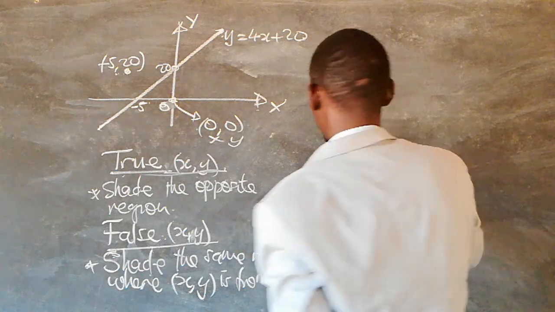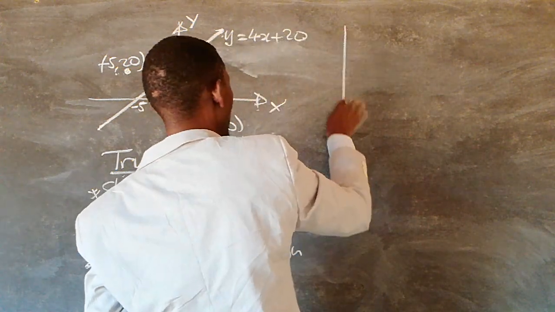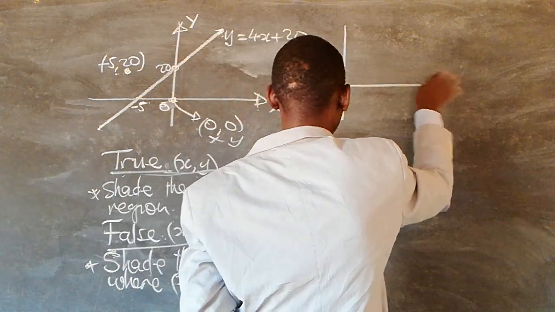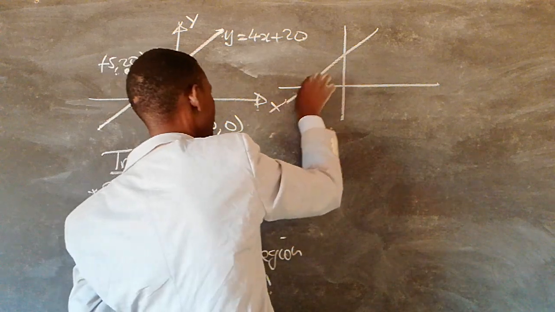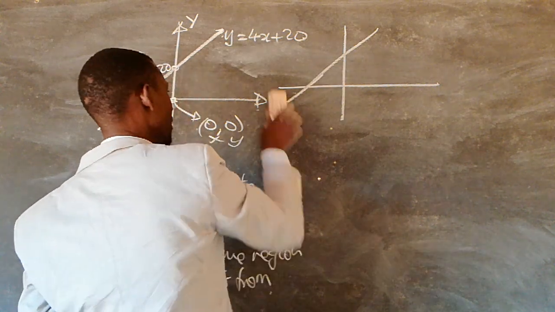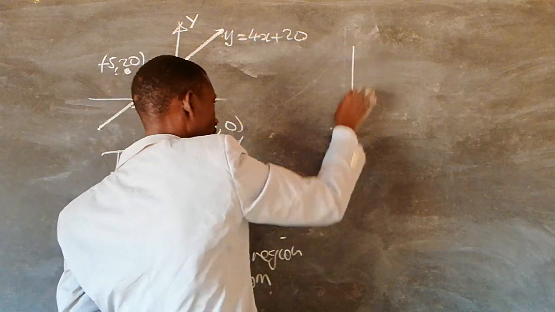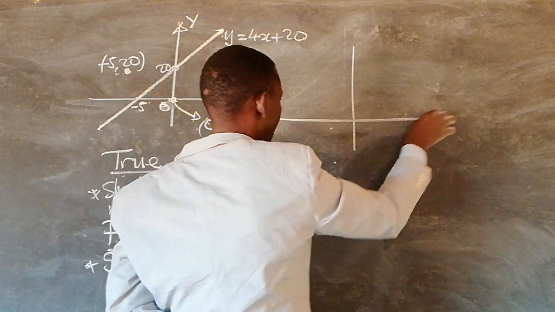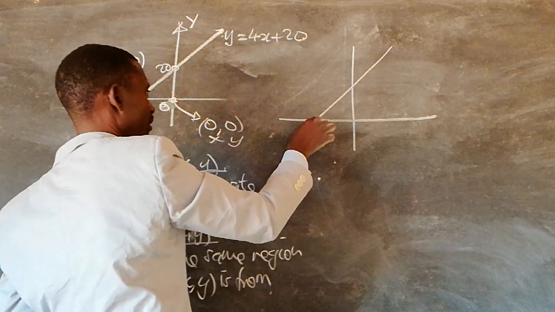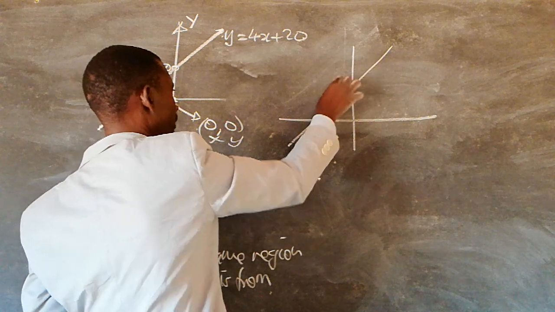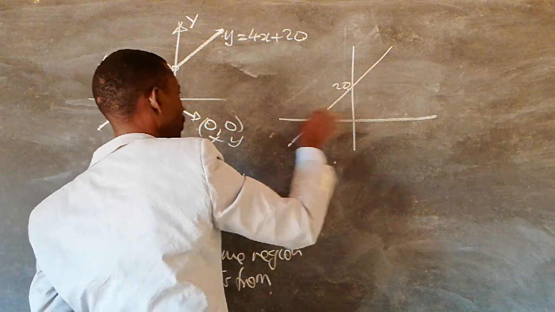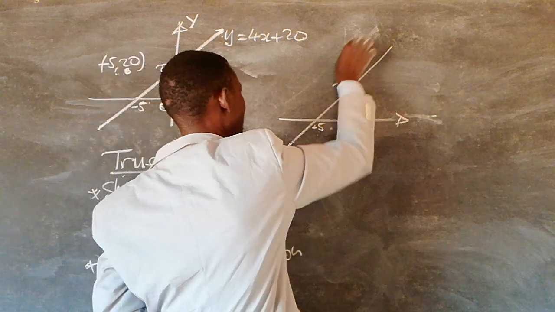So let me put it this way. By drawing the same diagram, but this time around, this is -5 and this is 20. I am going to shade the upper part.